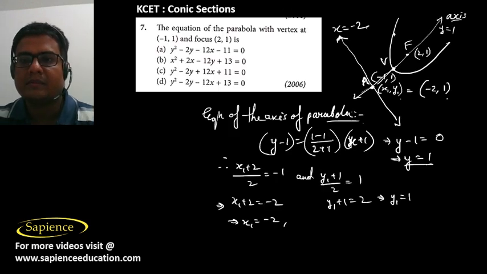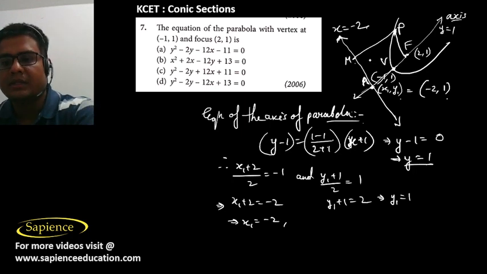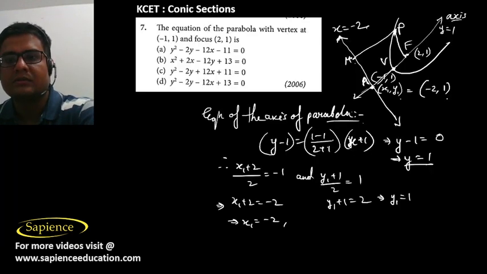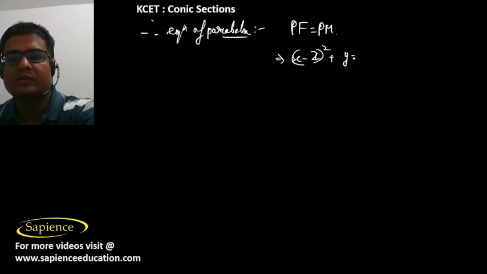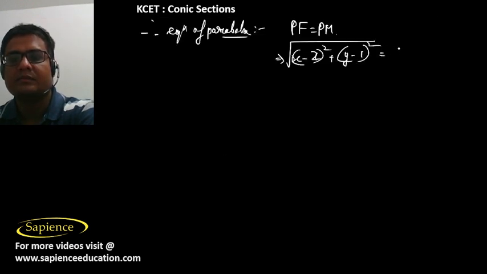Now therefore the equation of the parabola can be obtained by using the formula PF equal to PM. PF equal to PM means that at any point the length PF will be equal to PM. So PF will be the square root of (x minus 2) whole square plus (y minus 1) whole square, that is equal to PM, which is the mod of (x plus 2) by 1.